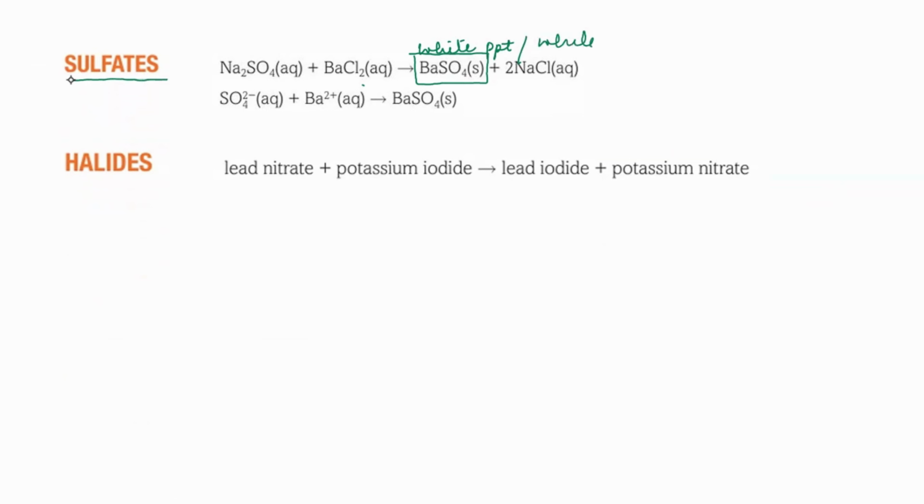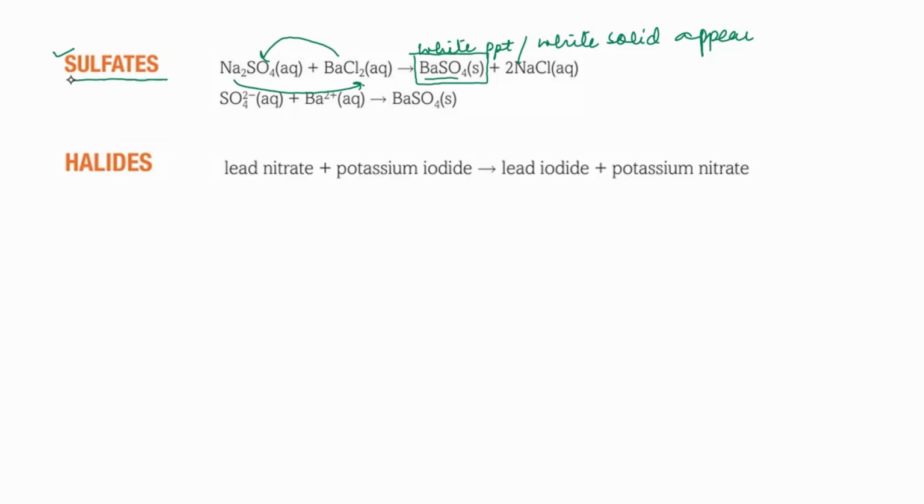This is an indication that we have barium sulfate, so this is an identification of sulfate. If on addition of barium chloride we get a white precipitate, it is barium sulfate, because a double displacement reaction took place.